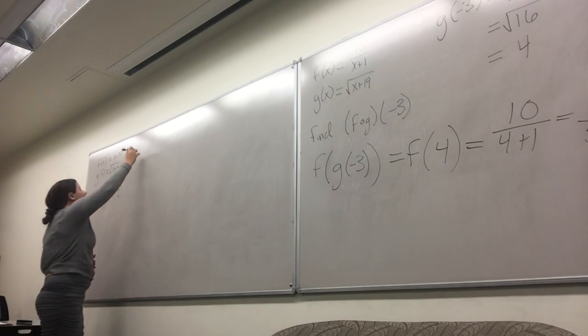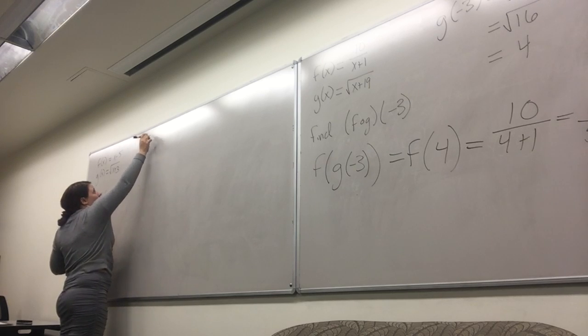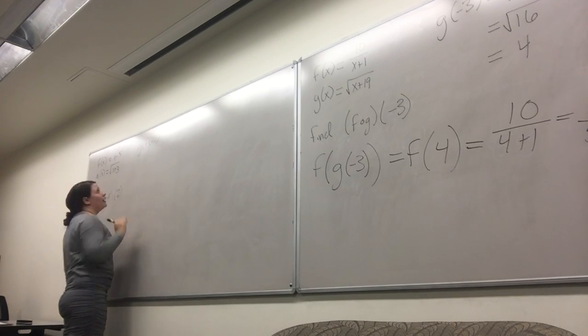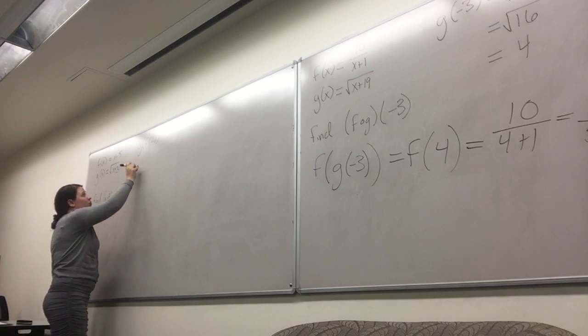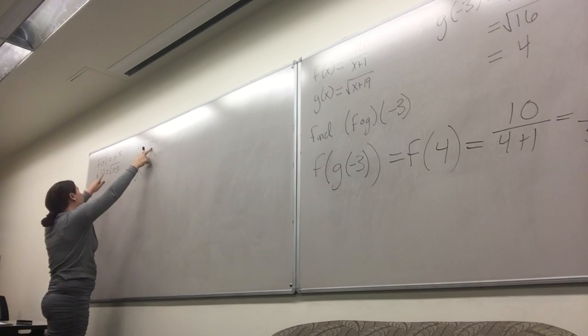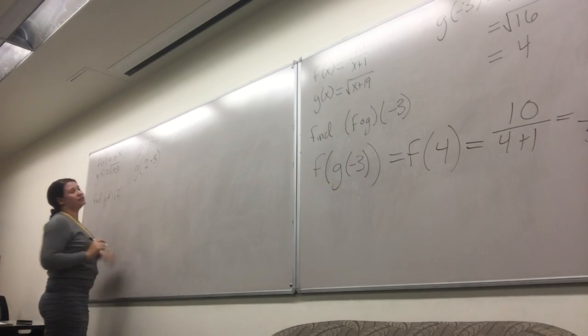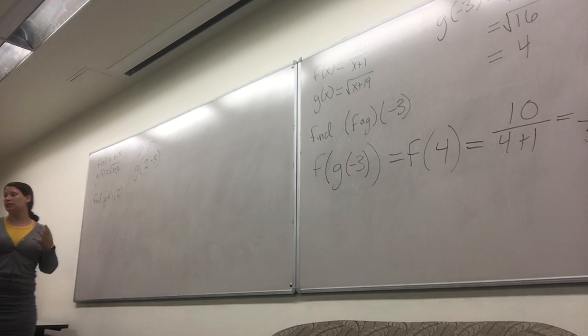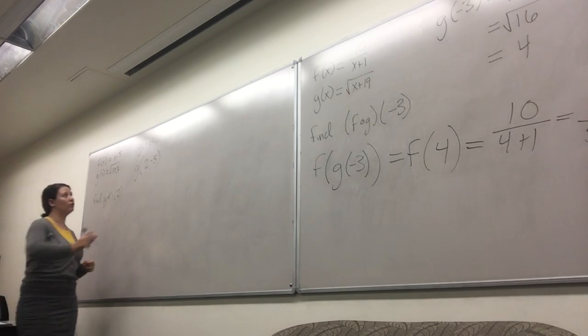Okay? So, we know that this means we want to find g of f of 2, right? That means we're plugging 2 into f, which is x minus 5, or in this case, 2 minus 5. That's what f is when we plug 2 into it.